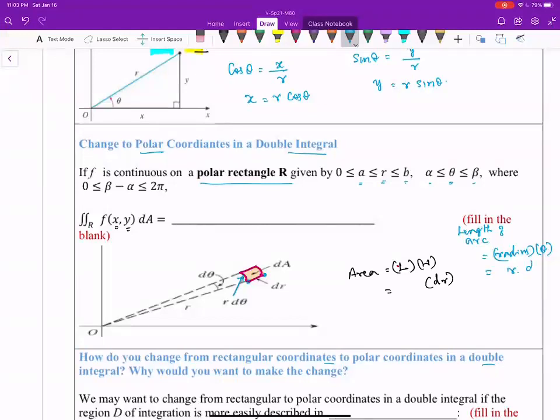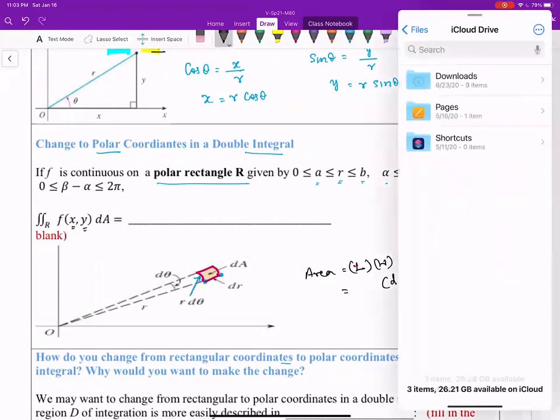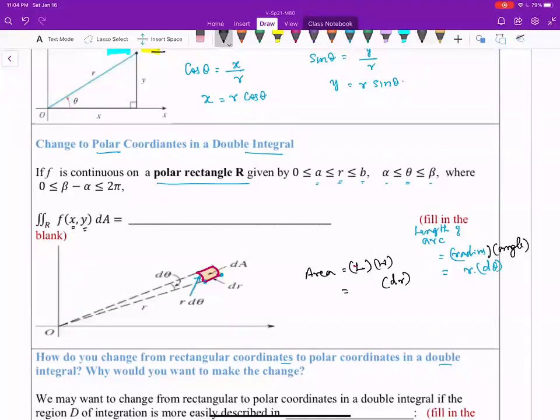Then the angle that this polar rectangle subtends is d theta. So the length in this particular case is r times d theta.